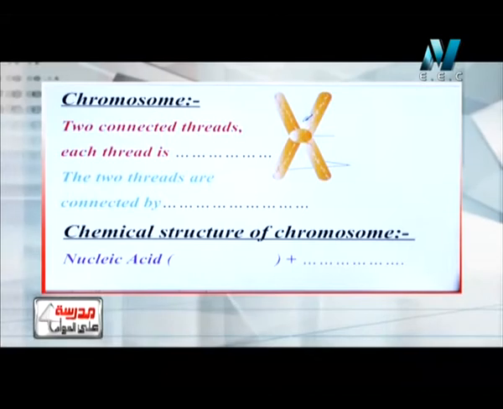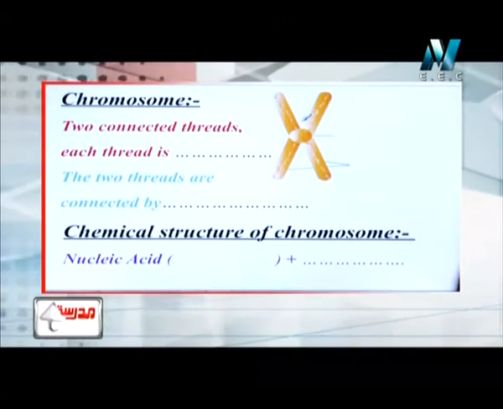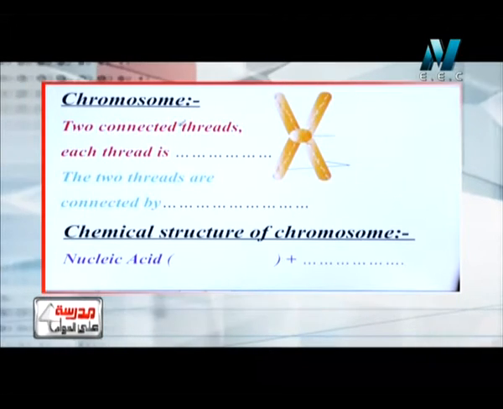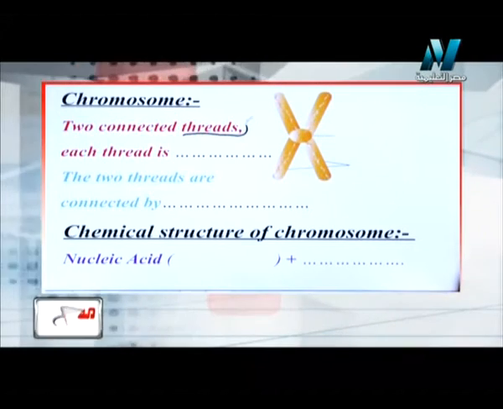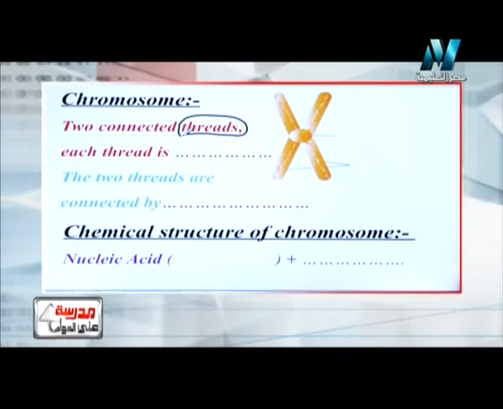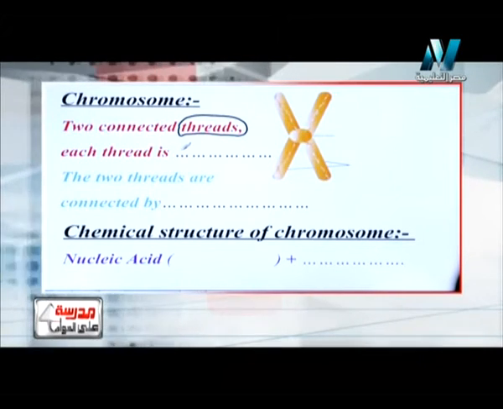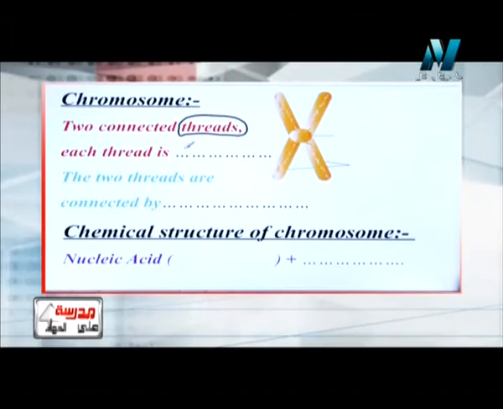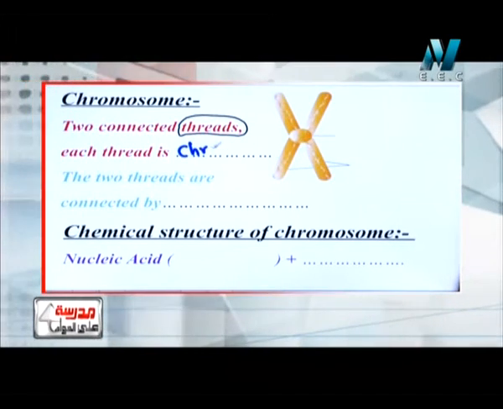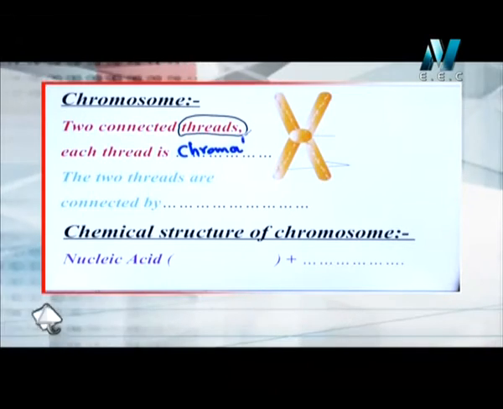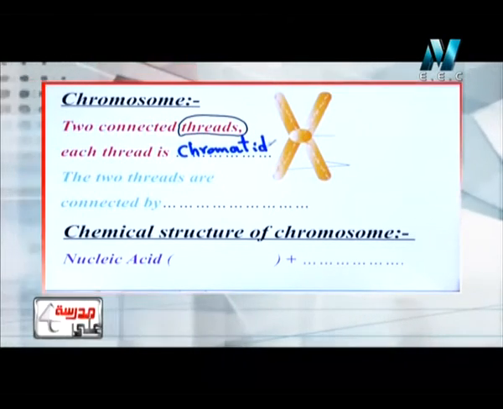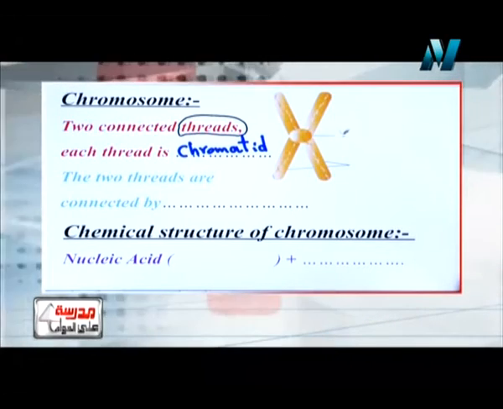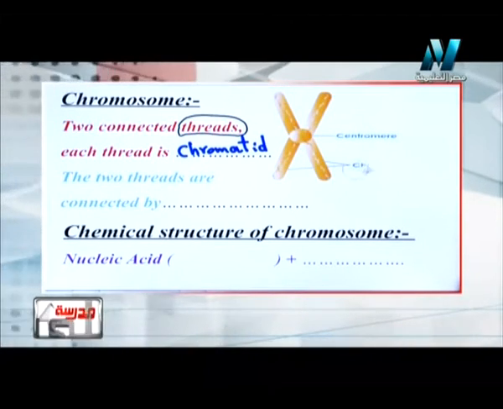Here we have a chromosome that is two connected threads, خيطين مربوطين. Each thread is called a chromatid.